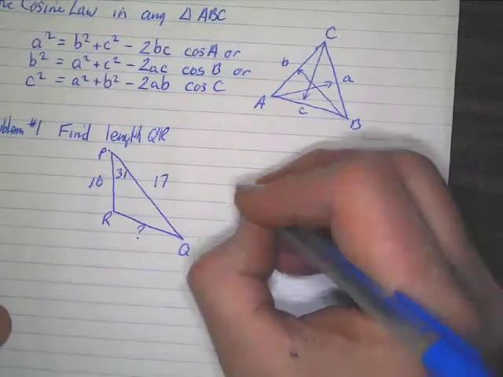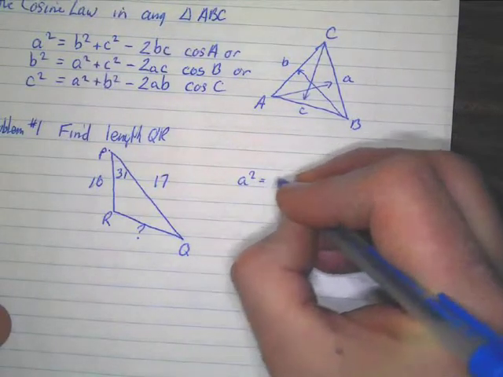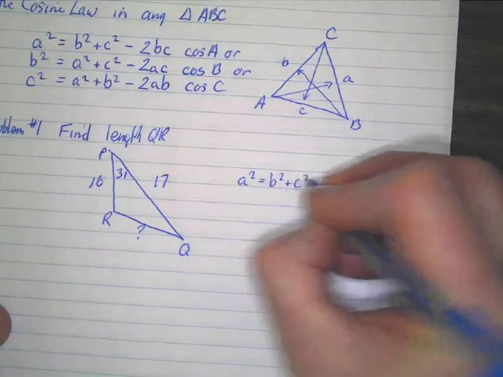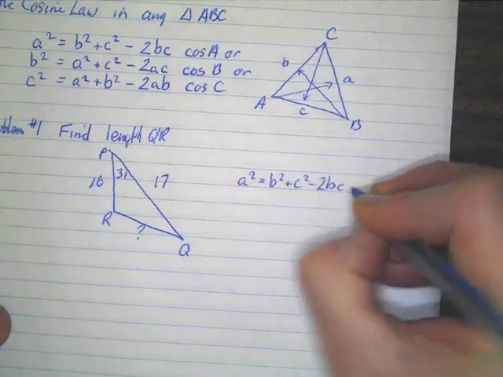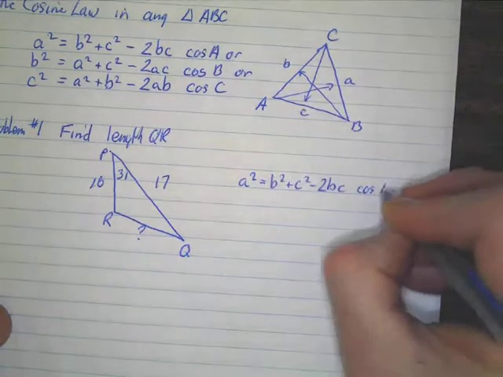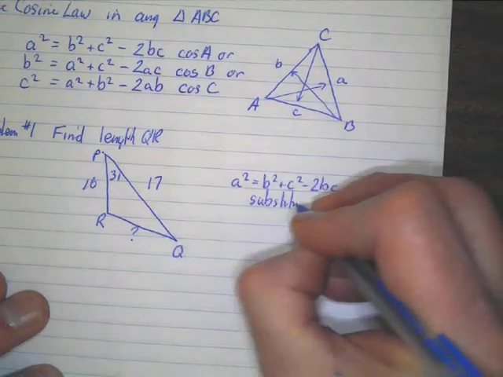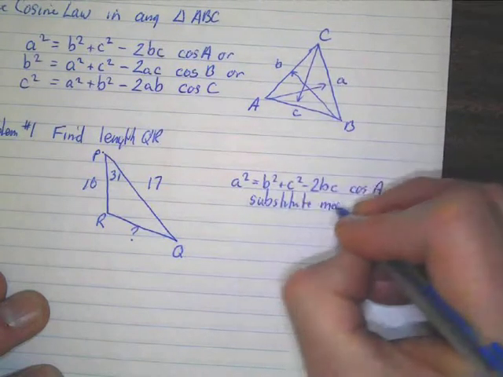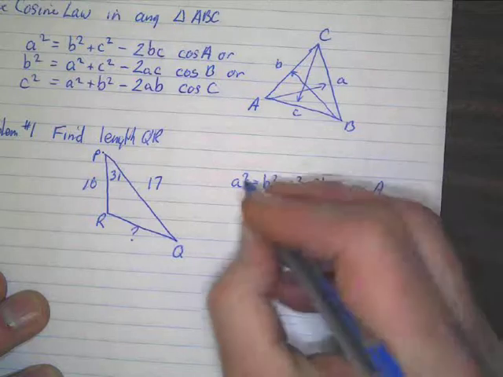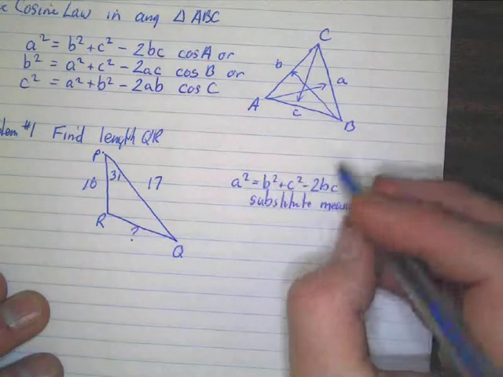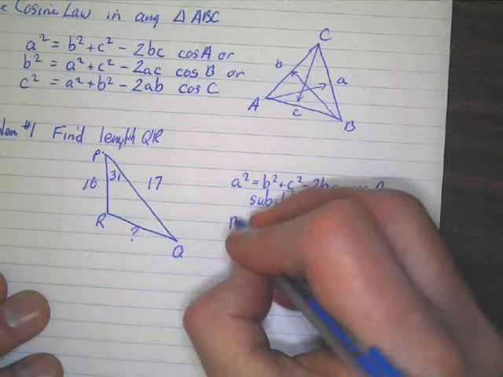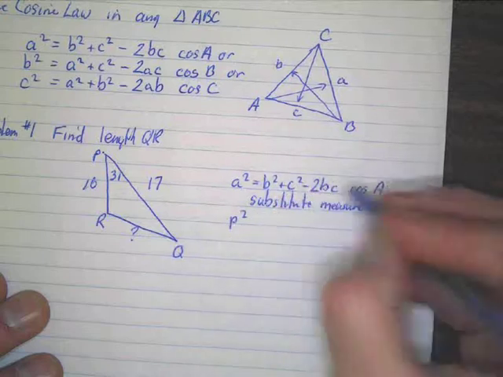So once again, my formula is A squared is equal to B squared plus C squared minus 2BC times cos A. Substitute my measurements in. A squared, which would be, in this case, we'll go P squared. Oh, I'm not going to substitute.